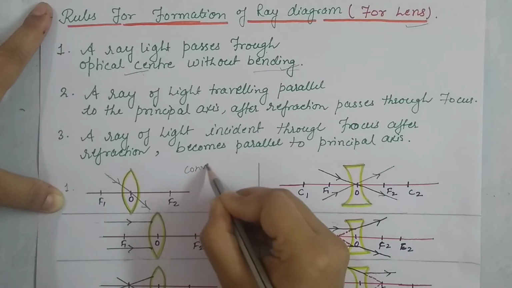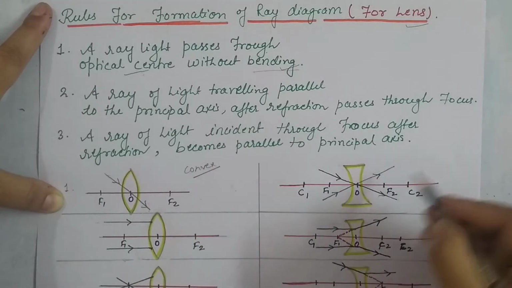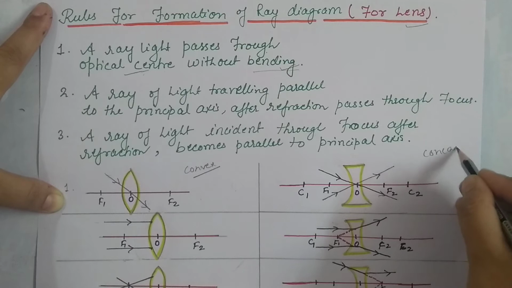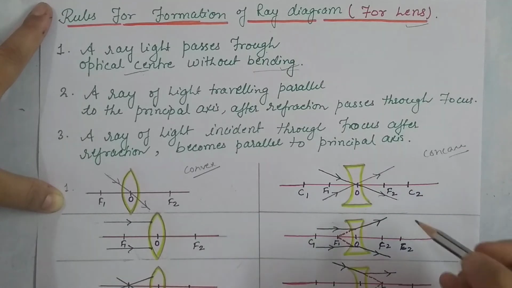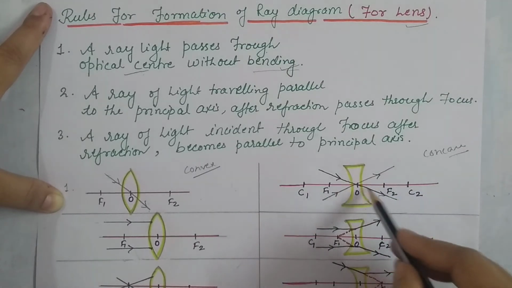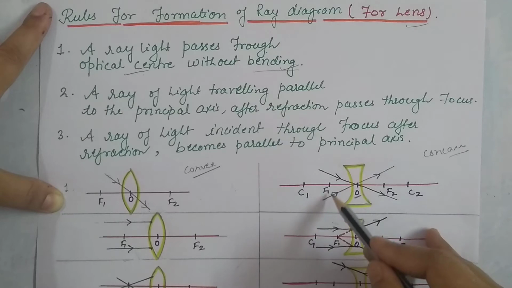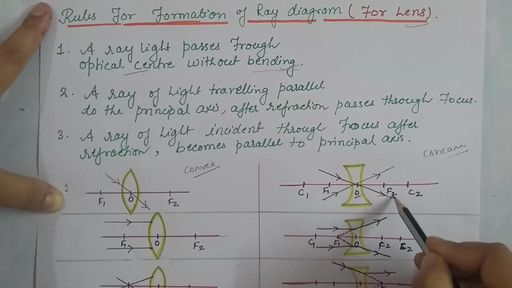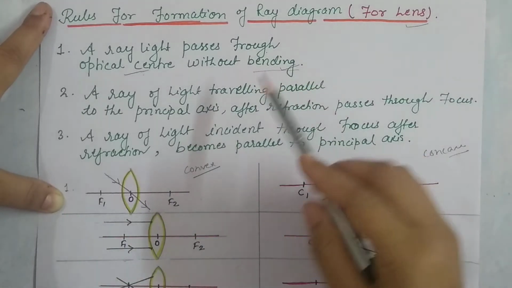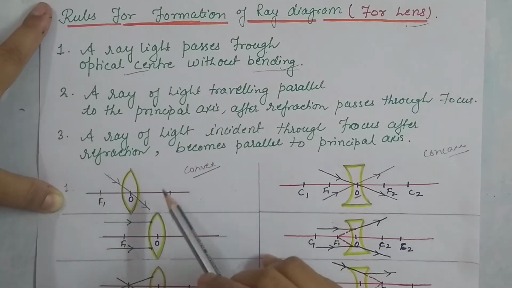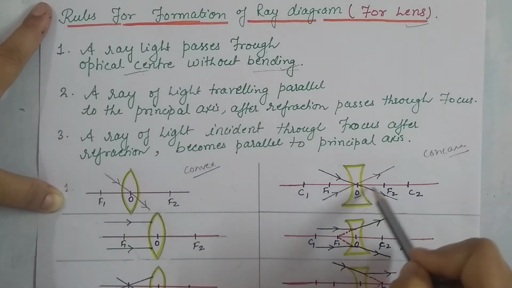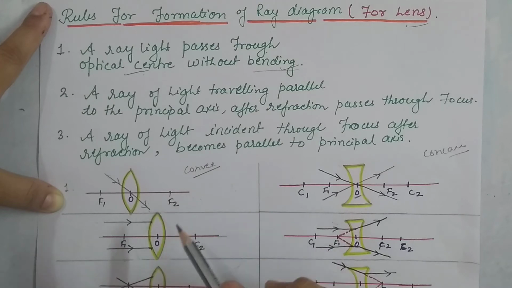This is the convex lens and this is the concave lens. In the concave lens also, if the light ray passes through the optical center, it will not bend. You can see that they go straight. The first rule is that whenever a light ray passes through the optical center of the lens, it will not bend.